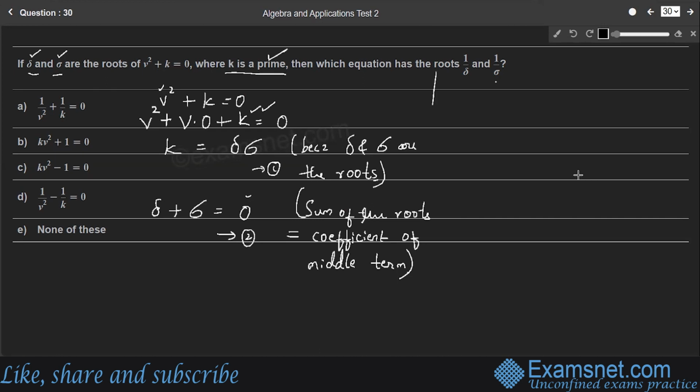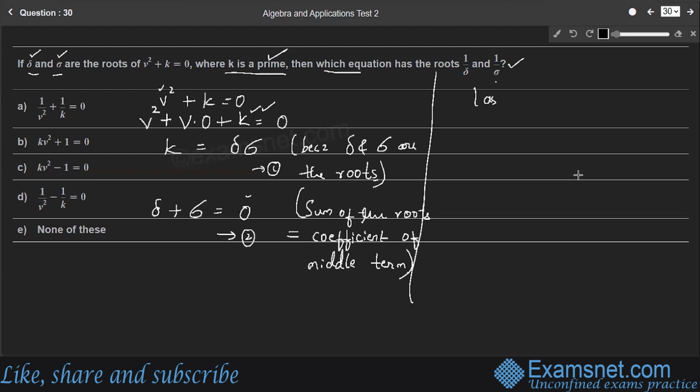So now the question is, which equation has the roots 1 by delta and 1 by sigma? So consider a quadratic equation whose roots are 1 by delta and 1 by sigma. If roots are these two, 1 by delta and 1 by sigma, then what is the last coefficient, right?